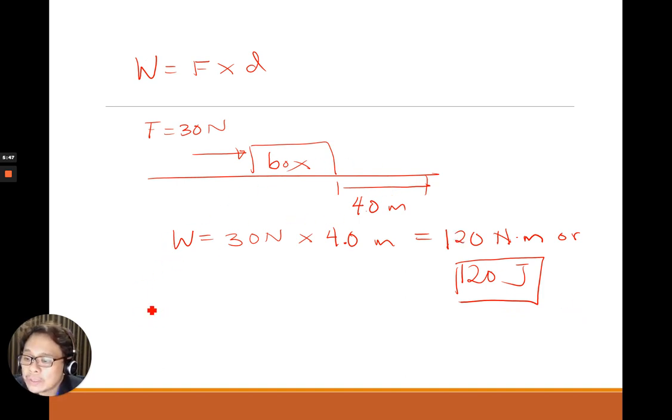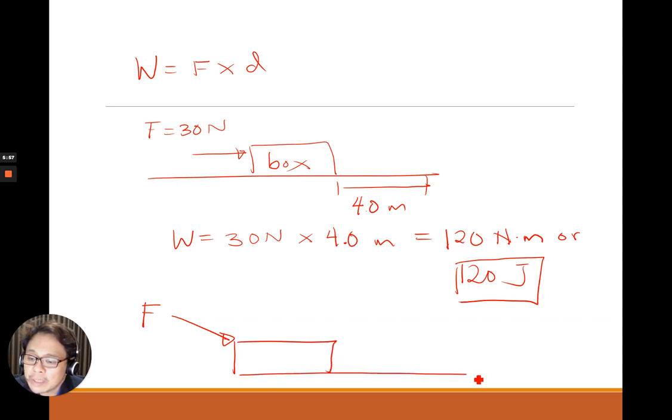Now, if you exert this same force but not parallel, but in this direction, and the displacement is still 4.0 meters. So after some time, the box is displaced 4.0 meters. But the force that you exert, still 30 newtons, is at an angle of 30 degrees.